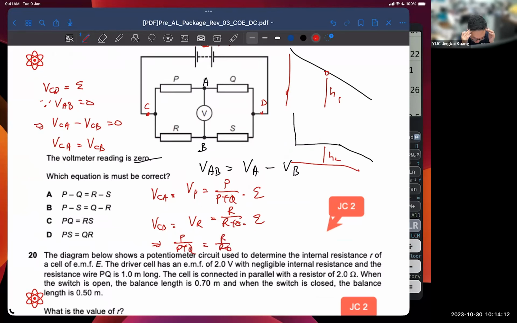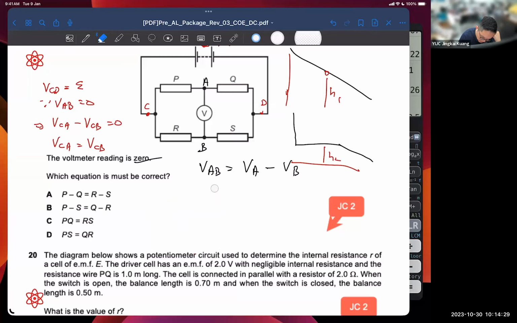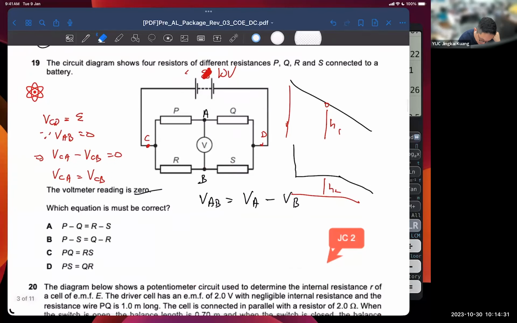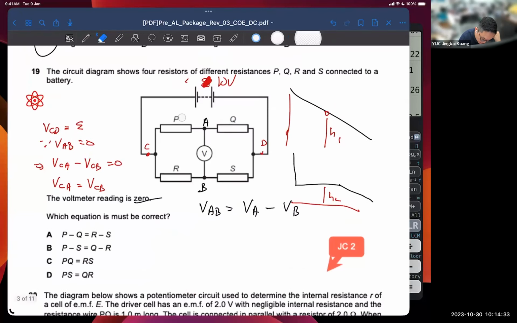Actually, I can just simplify the whole thing. I think I'm overcomplicating this. Let me erase this here. If, for example, just to give you some numbers, this is 2 and 3, and this one must be 4 and 6.